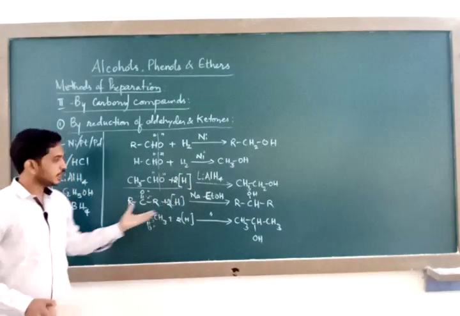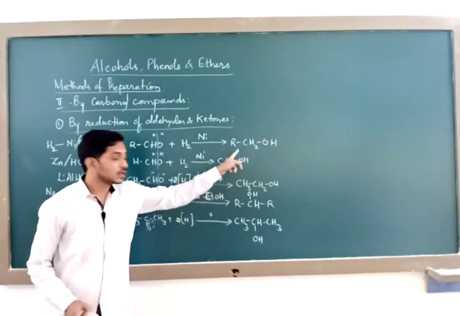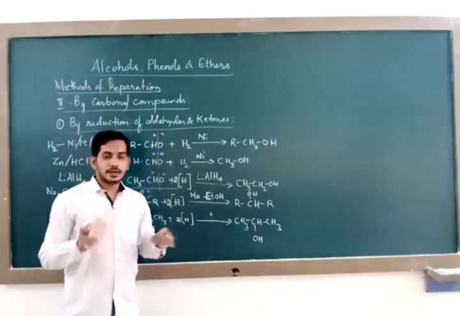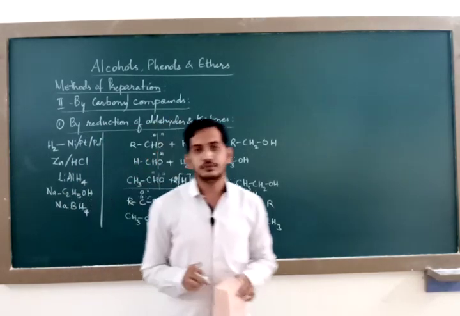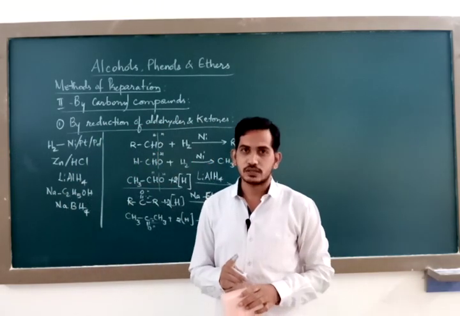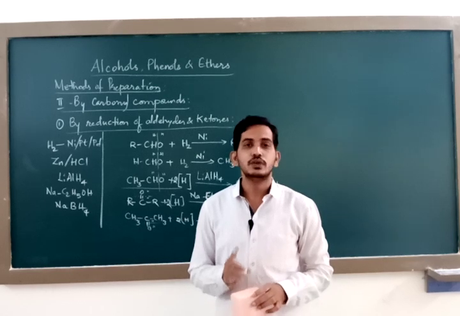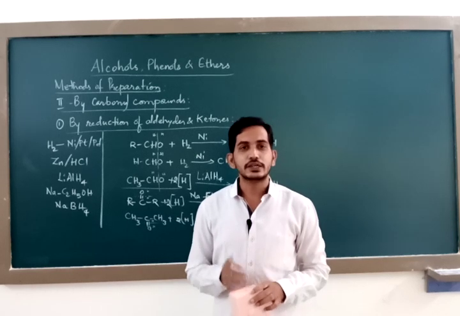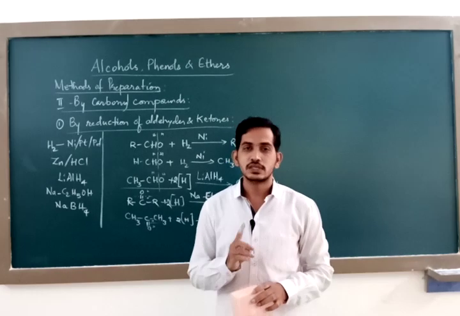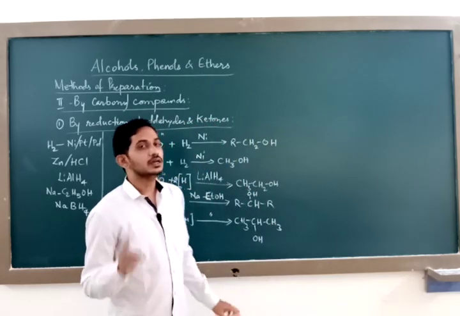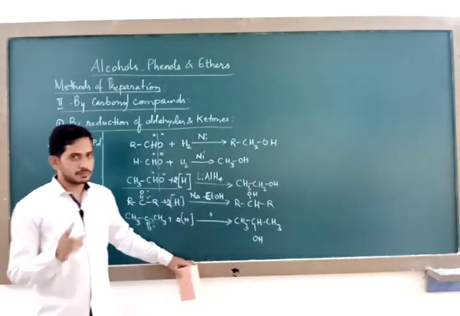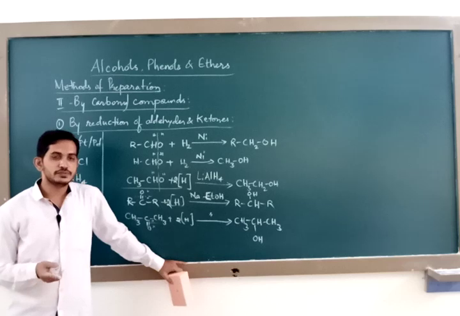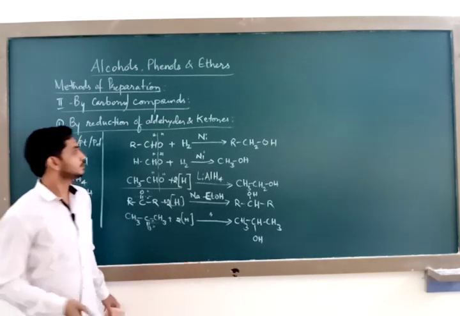If it is a ketone, it also gives you an alcohol, but these two alcohols are different. Reduction of aldehydes will give you primary alcohols, and reduction of ketones will give you secondary alcohols. Always remember this.